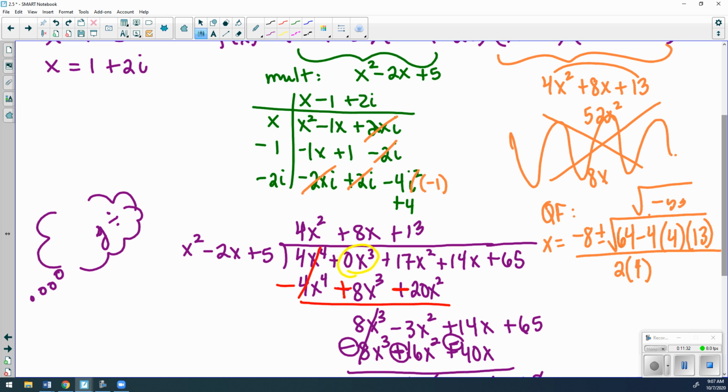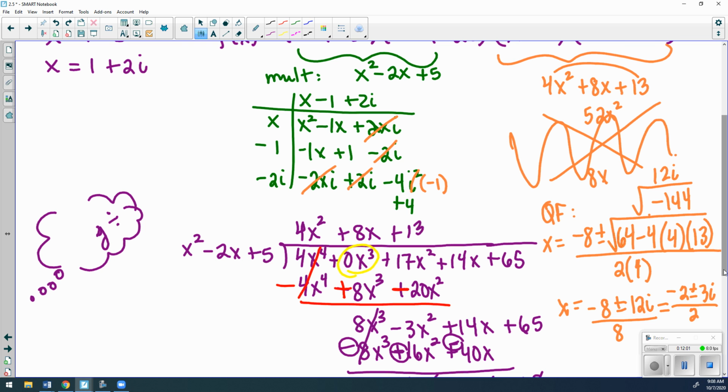Try that again. 64 minus 16 times 13 is going to be negative 144. Okay, so that's going to be plus or minus 12i. x equals negative 8 plus or minus 12i all over 8. I can reduce everything by a factor of 4. Let's call it negative 2 plus or minus 3i over 2.